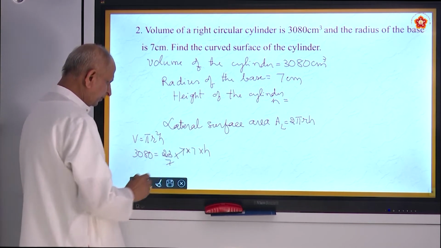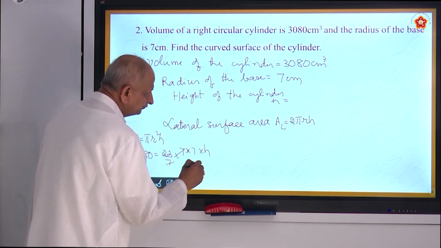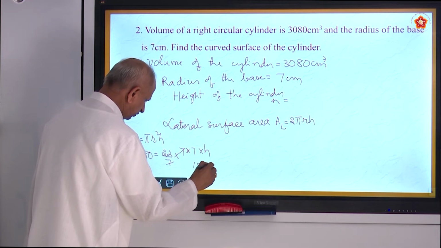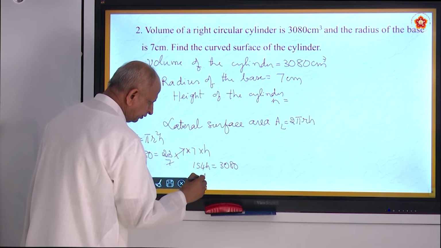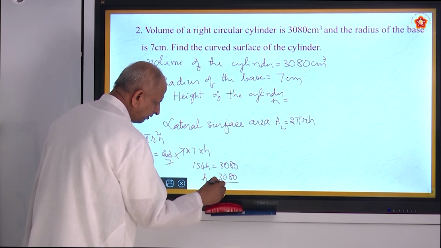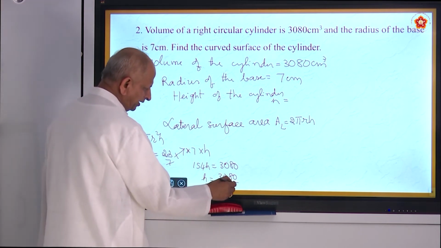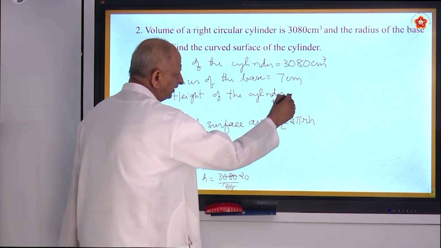So 154 H is equal to 3080. So H is equal to 3080 by 154. So H becomes 20 centimeters.